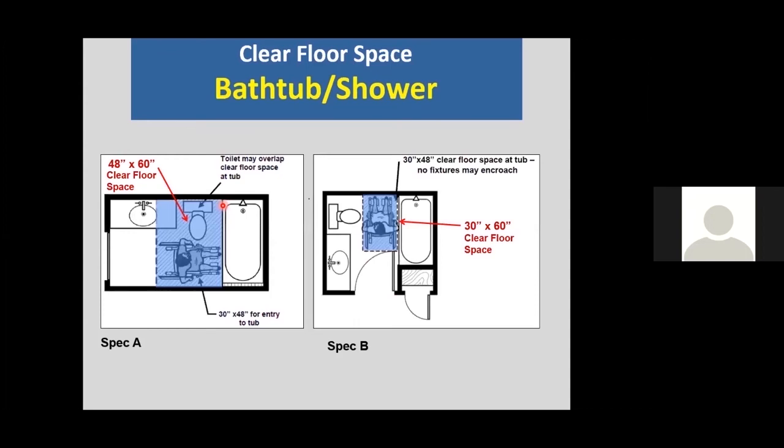Clearance at the bathtub shower combo, not shower stalls, but a standard bathtub shower combo unit. It's a large clearance, but in the A bathroom, the toilet can overlap it. And of course, the lavatory can overlap the toilet clearance. What we're really left with is a 30 by 48 inch wheelchair clear floor space that's perpendicular to the bathtub.